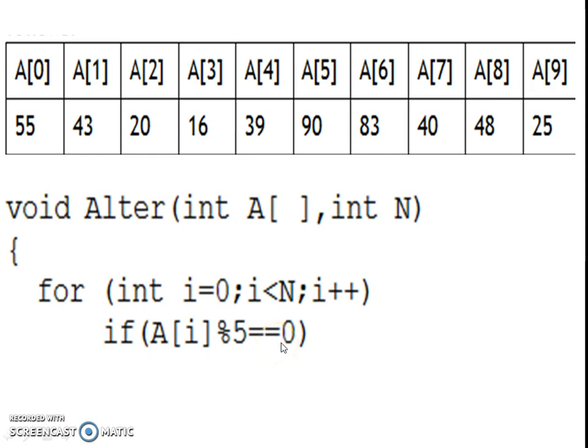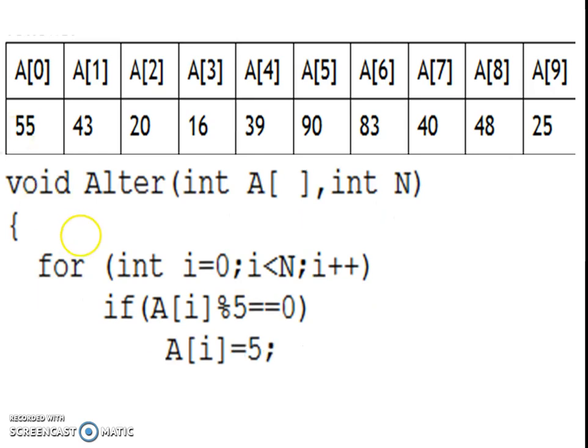Then we want to replace that element with 5 in our question. So we are using an assignment operator and instead of the element, we are saving 5 in that particular index.